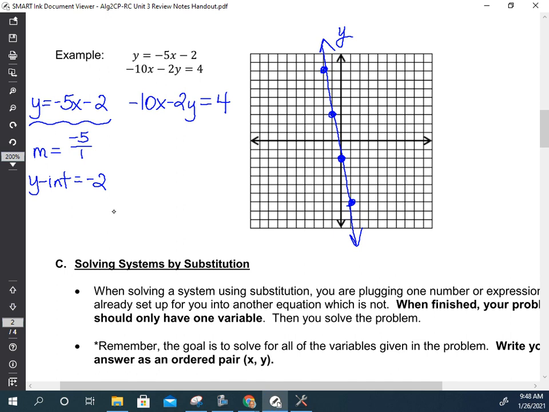All right, so that means you got the other equation. This equation has to be y equals something. So what do I got to do first? Add 10x on both sides. So -2y equals 10x plus 4.